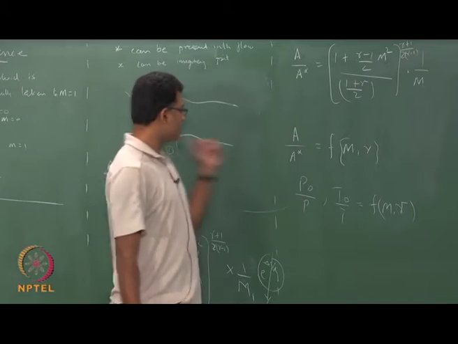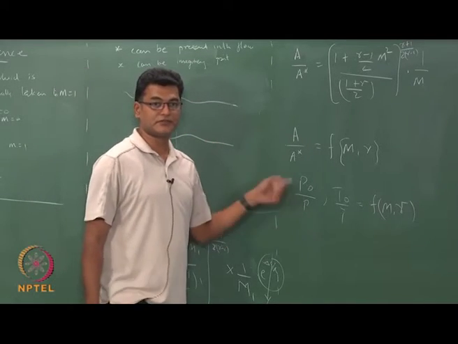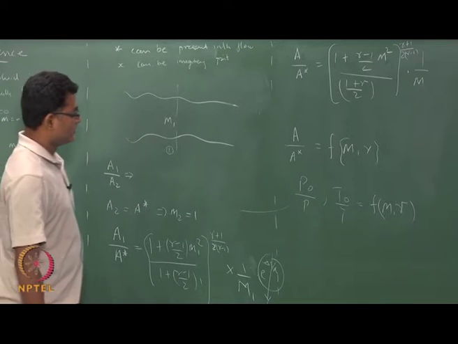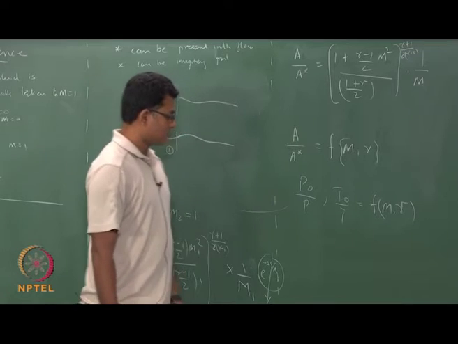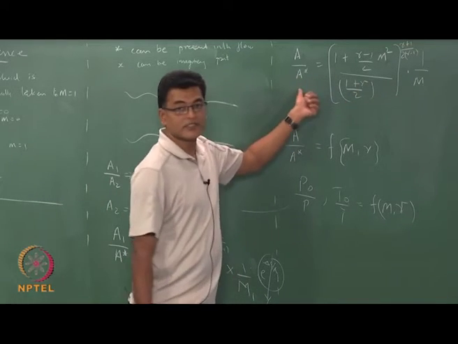So, if I know the Mach number at any location, I can find these ratios. For any given Mach number, I have one ratio.